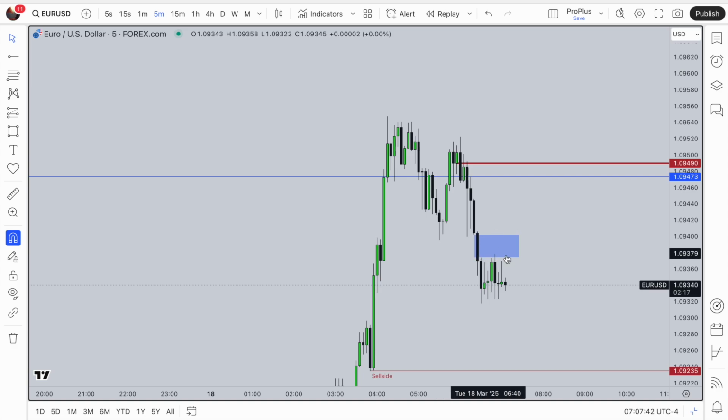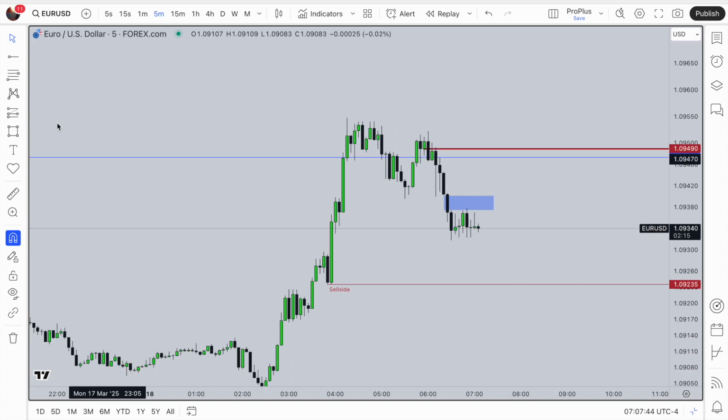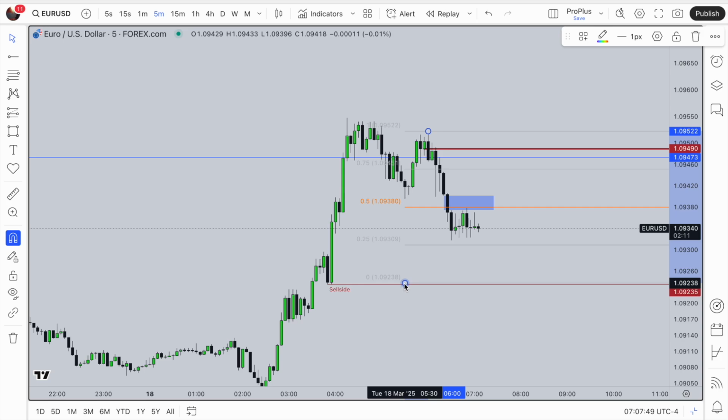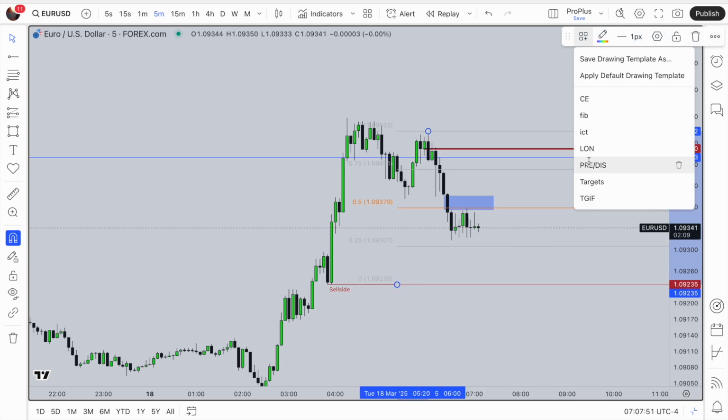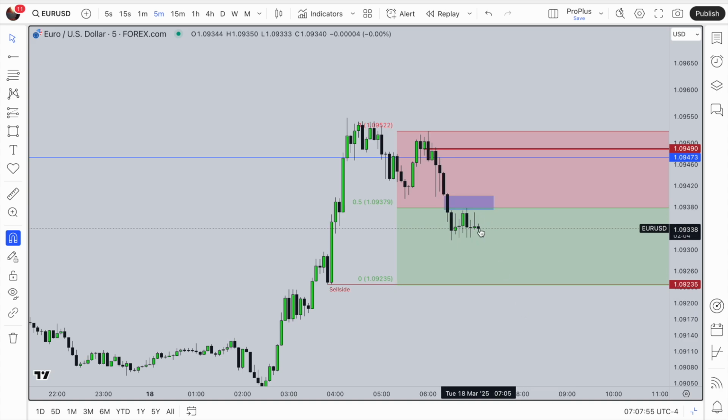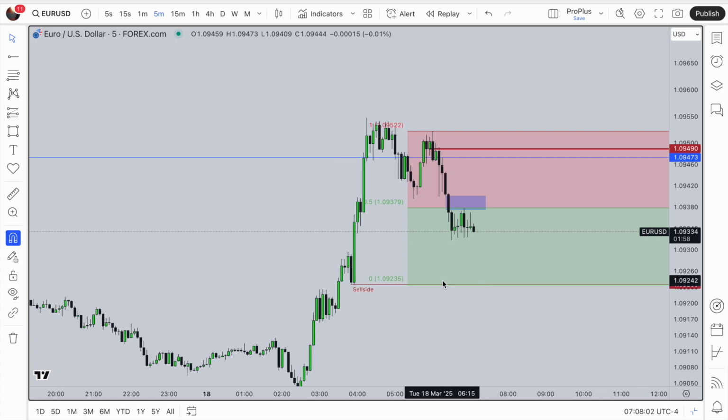So yeah, just waiting for a bearish candle. However, if that is my drawn liquidity, which it should be, premium discount, need to see price want to come back into here. So yeah, I'll keep an eye on it and update you guys.